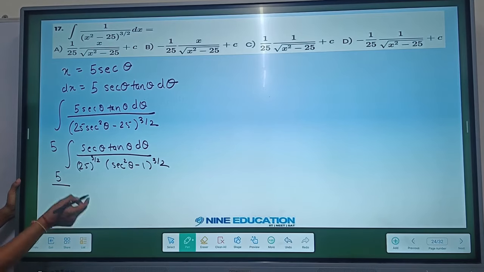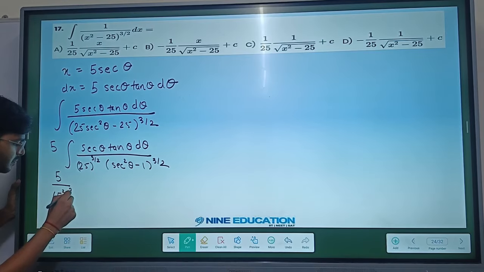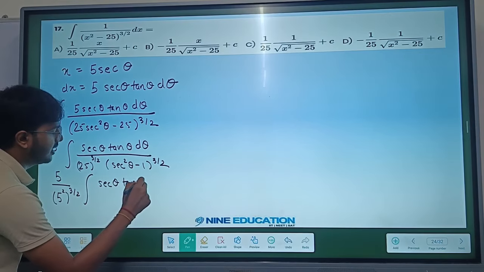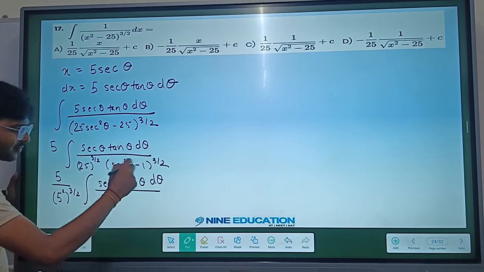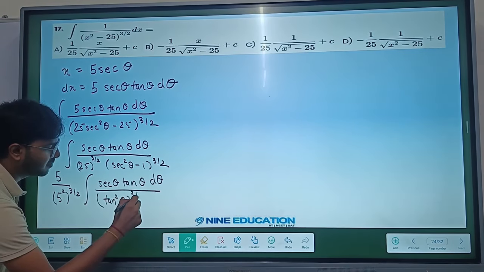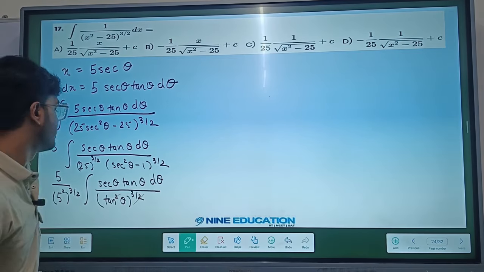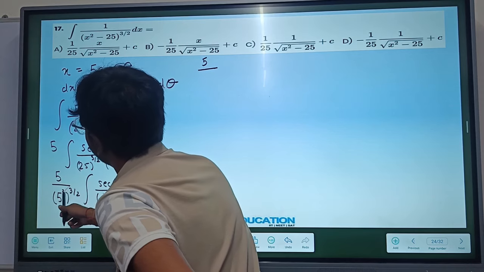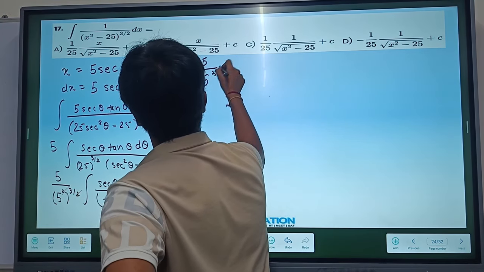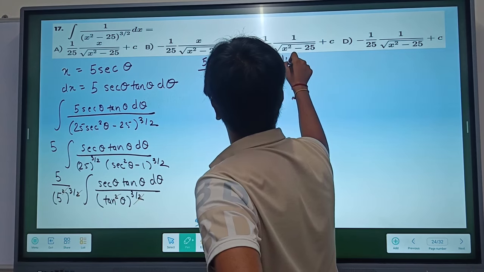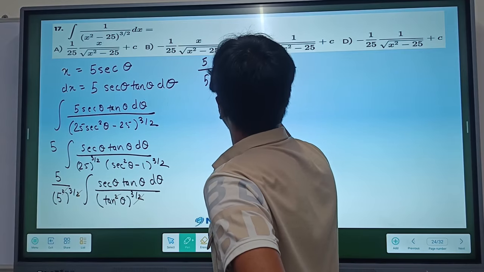So 25 power 3 by 2 comes outside, 25 is 5 square power 3 by 2, integration secant theta tan theta d theta divided by secant square theta minus 1 is tan square theta power 3 by 2. 2 and 2 cancel. So 5 divided by 5 power 3 by 2, again 2 and 2 cancel, 5 cube, integration of secant theta tan theta d theta divided by tan cube theta.